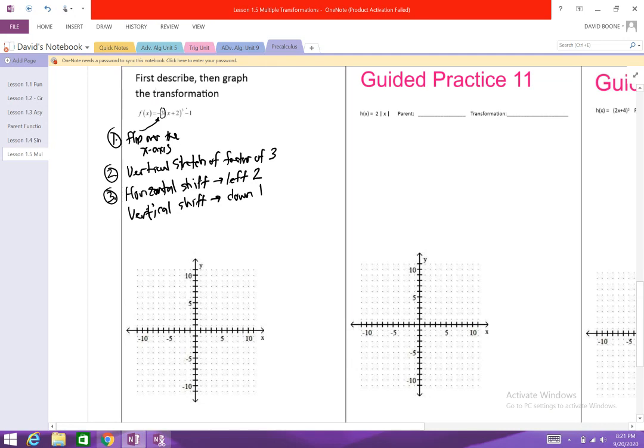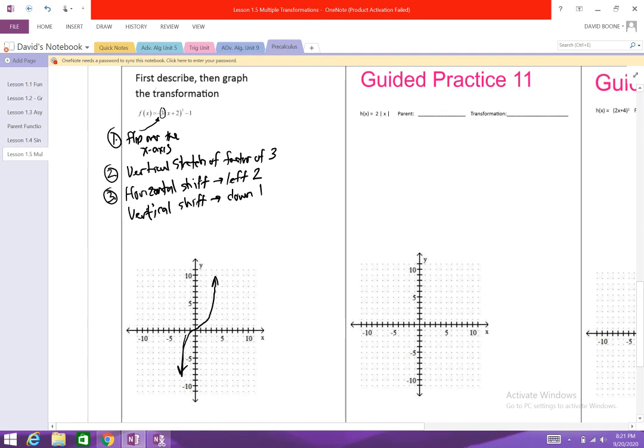Knowing that this is a cubic, the original cubic would be coming in roughly like this. So what I've got to do is flip this over the x-axis, then stretch it 3 times, and then move it left 2 and down 1.